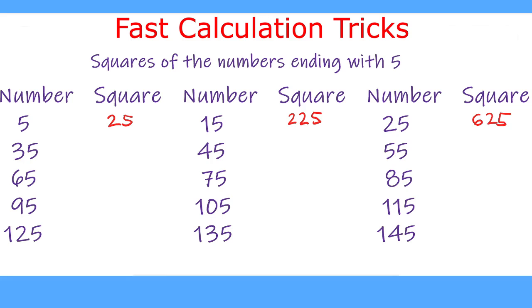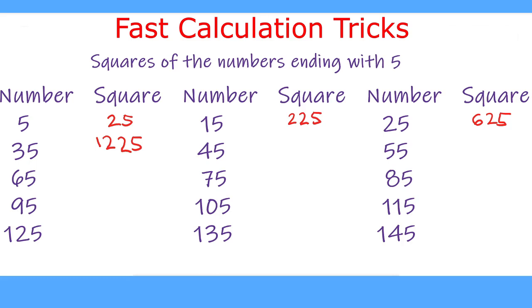Now square of 35. The digit at tens place is 3 and next higher number of 3 is 4. We have to multiply 3 by 4 and 3 times 4 is 12. And after 12 we have to write 25. So square of 35 is 1225.